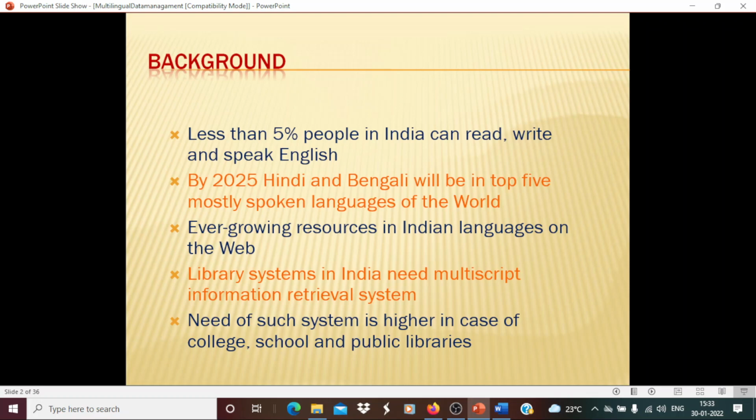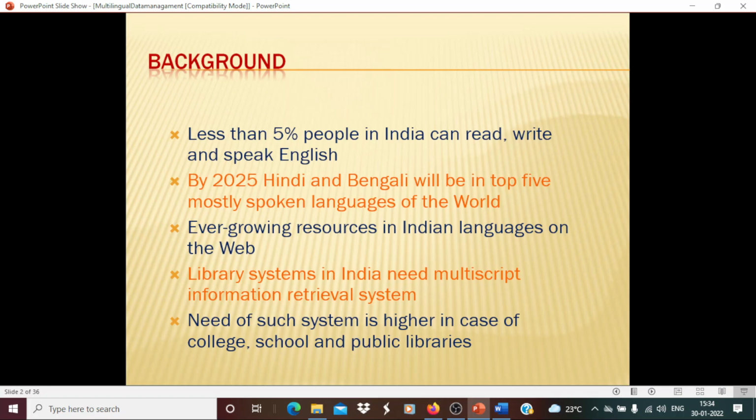But these technologies are much more required for the lower strata of libraries like public libraries, school libraries, and college libraries, and they are not funded enough to adopt multilingual computing systems inside the library management process. So, open source, open standards can be a rescue option in this particular direction.